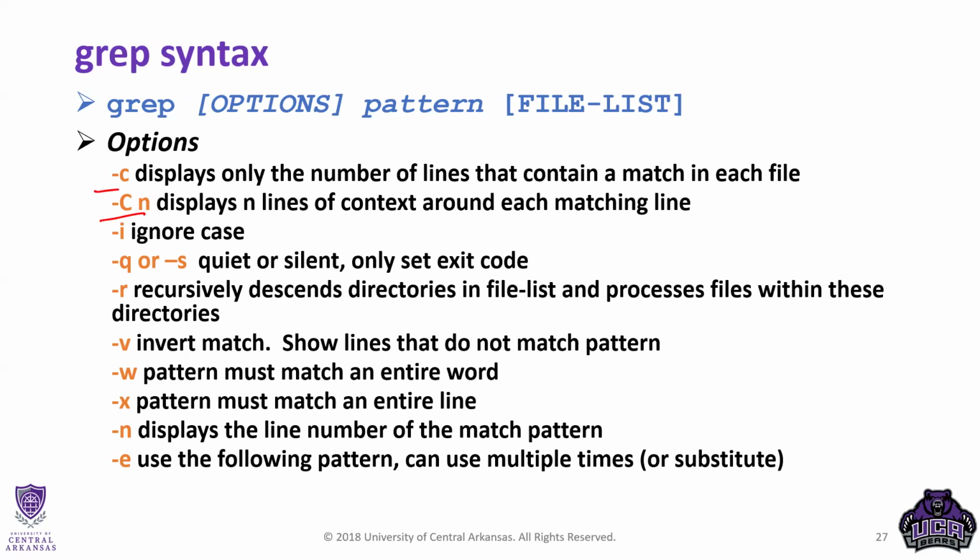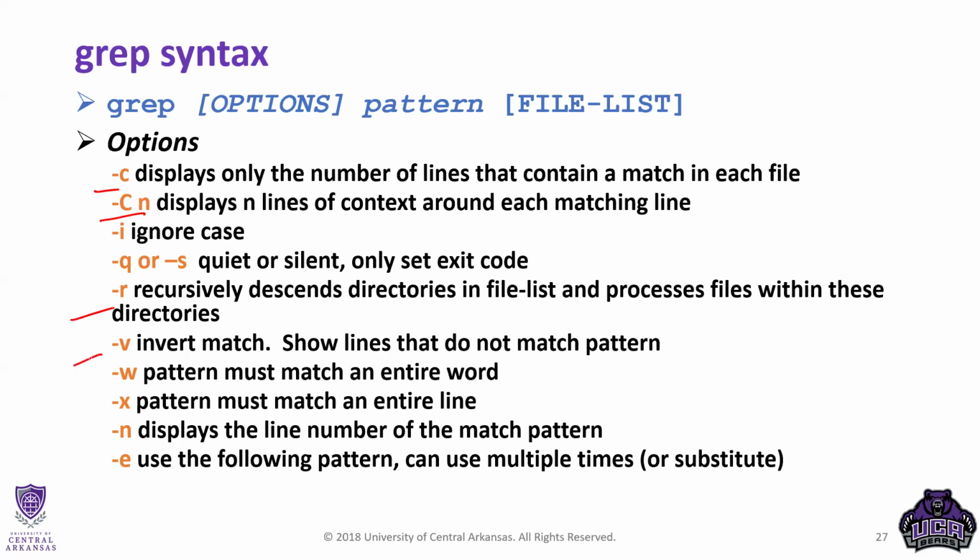If I knew I had a function, but it's buried in there somewhere, I can do the name of the function. Then it just returns the name. But if I want to actually see the contents, I could say, okay, let me see X number of lines above and below it right there. And I think there's another option where you can do just below or just above, however you want to do that. Recursive is nice if you're wanting to crawl through some directories.